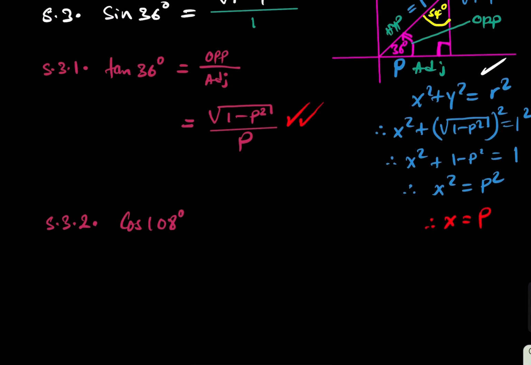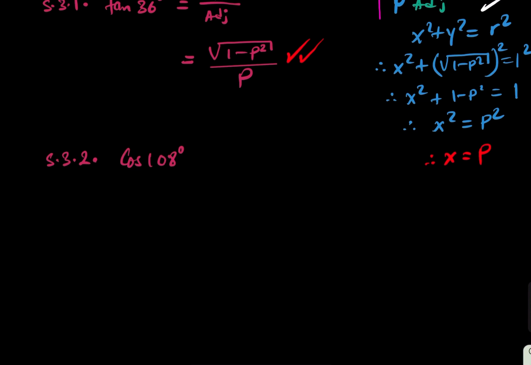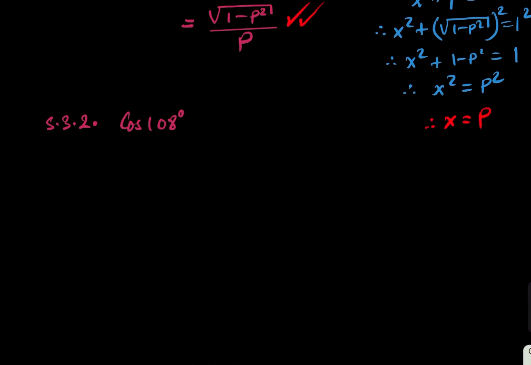Look, students, my advice to you is to think of this particular angle. There are myriad ways to express it. One can say 108 is the same as 72 degrees plus 36, or you can say that 108 is in your second quadrant.